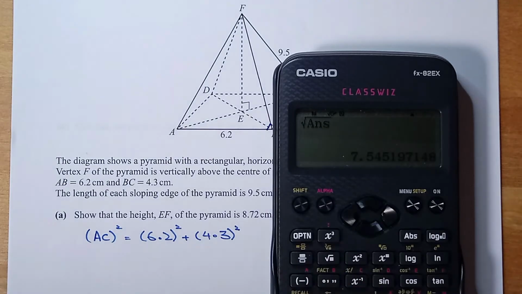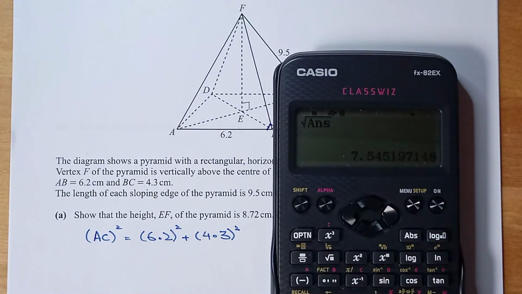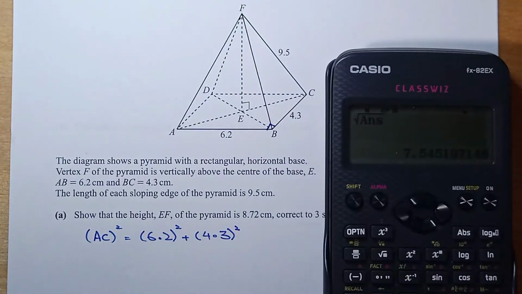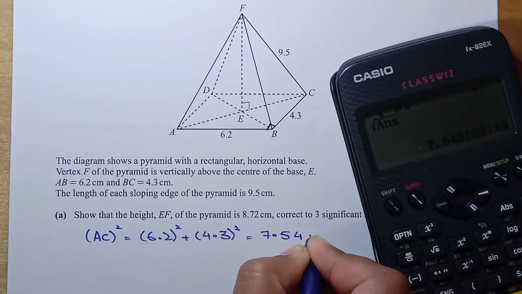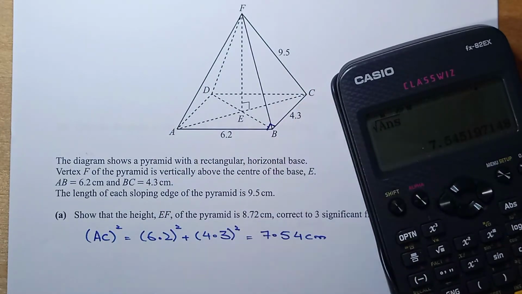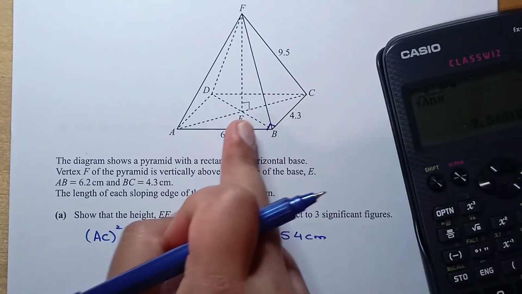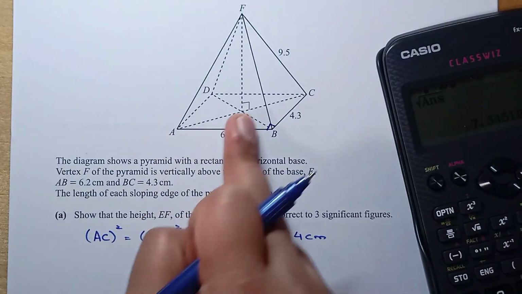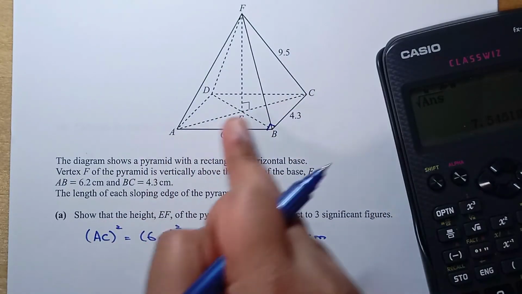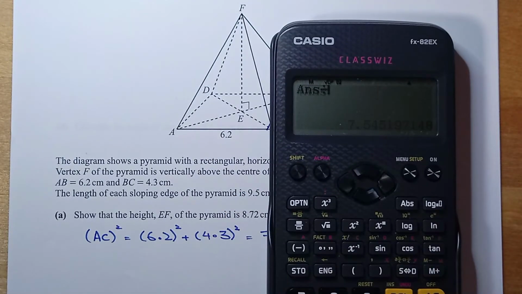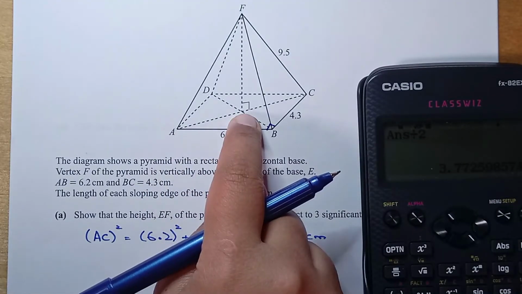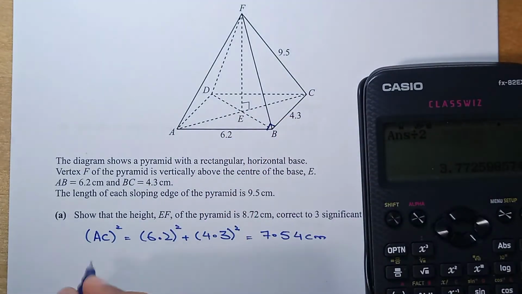So AC is 7.54 centimeters. Okay, so E is the midpoint of AC, right? So AE and EC, we can divide it into half. Dividing by 2, this is 3.77. AE is 3.77 and E to C is 3.77.